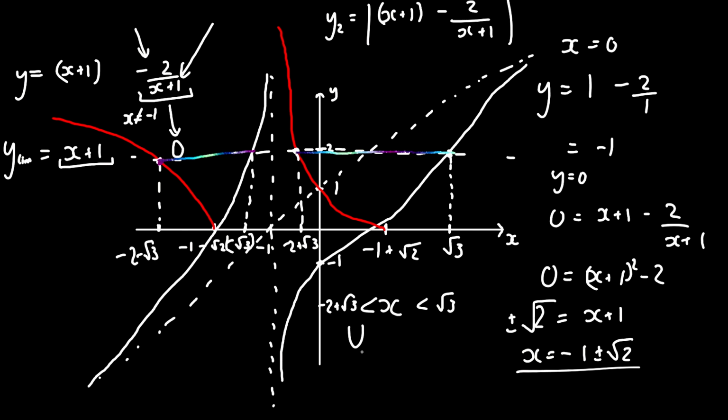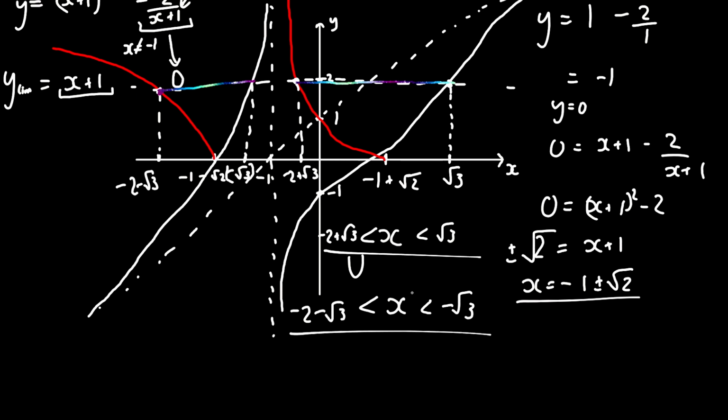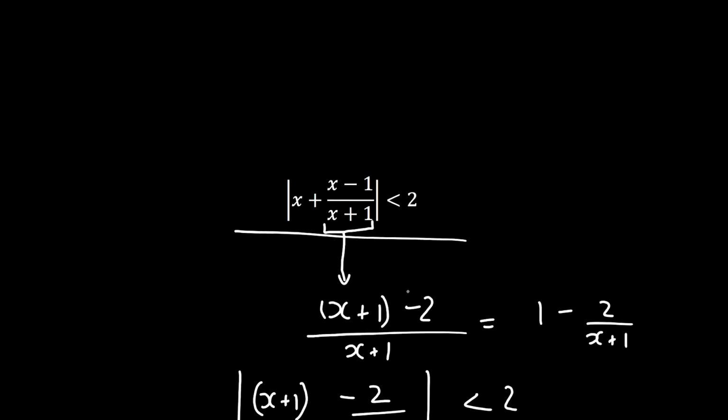And that's going to also be unioned with x being less than minus square root 3 but greater than minus 2 minus root 3. And there are our ranges of values for x satisfying the inequality above.